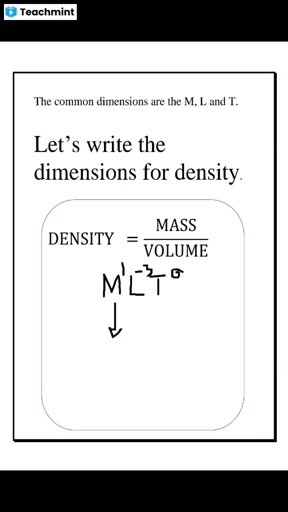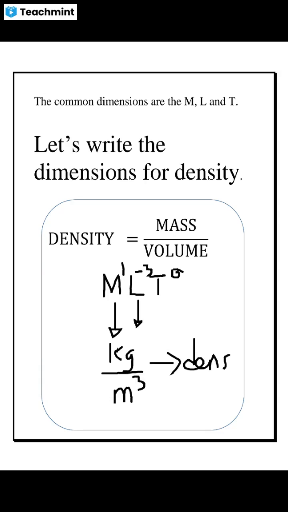Because this capital M is for mass, which is measured in kilograms. And this is L raised to power 3. L raised to power 3 is volume. Because of the negative, the volume is going to be under kilogram. L is meter cube, and kilogram per meter cube is density.